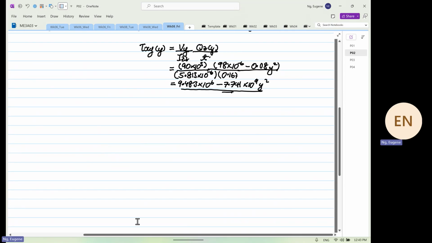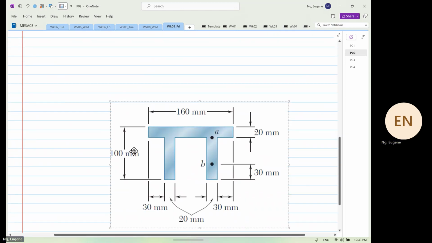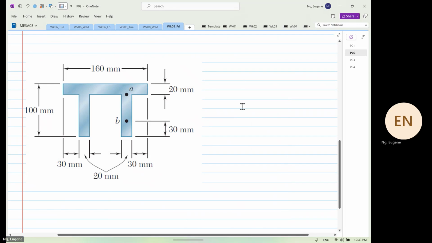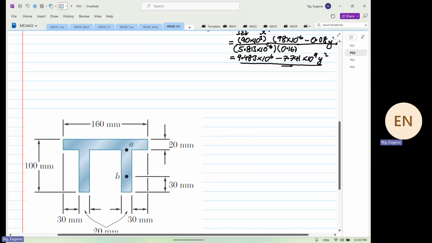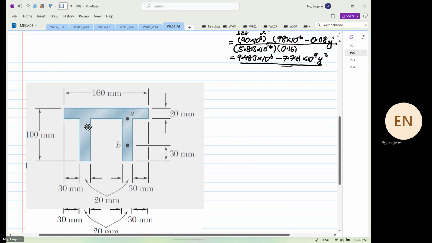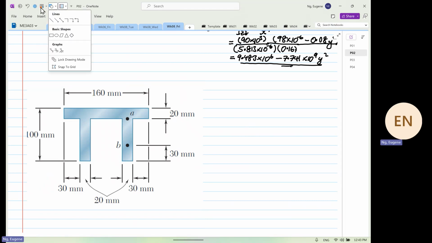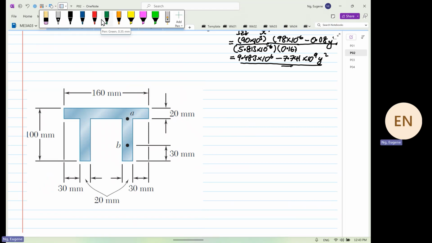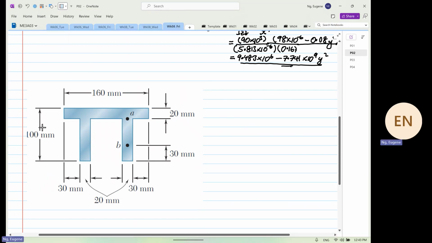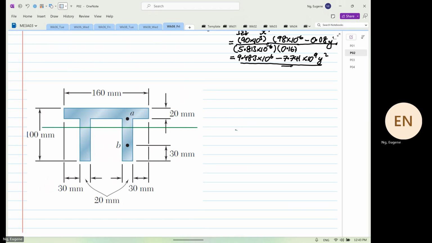Next, we're going to find the next limit. And the limits are controlled by the what? By the width. Okay. So if you look over here, we are going to do now the next set of limits. So this is the centroid. Right. So the next set of limits is from where?